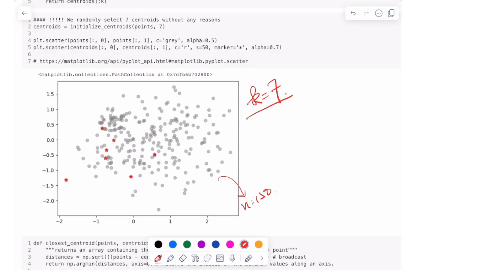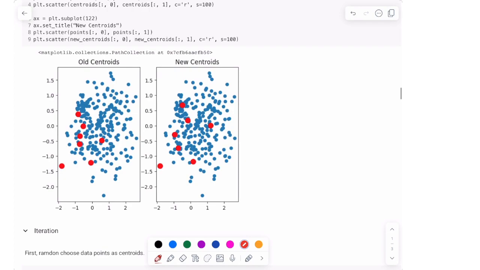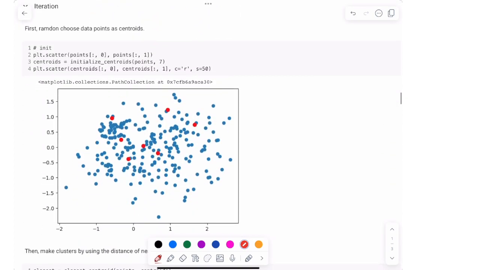The first thing is that you randomly choose 7 different data points among these 150 data points. I mark them right here. That is step number 1. You simply randomly choose them. The first step is to randomly select 7 of them.